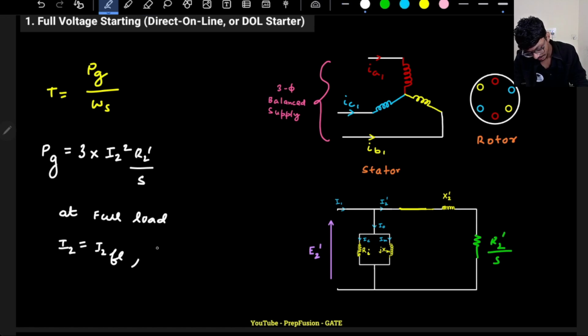So the full load air gap power will be 3 into I2FL whole square into R2 dash divided by S.